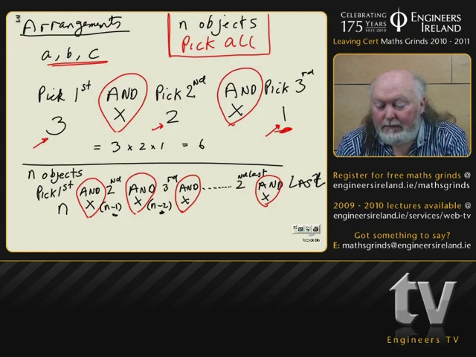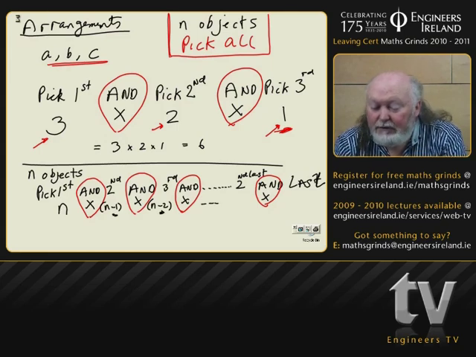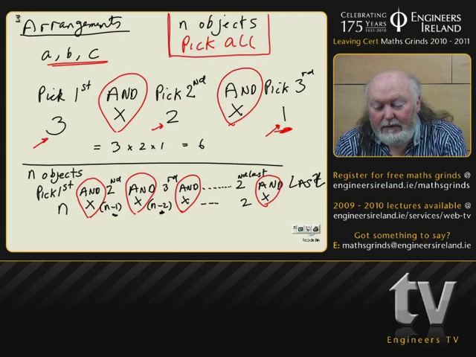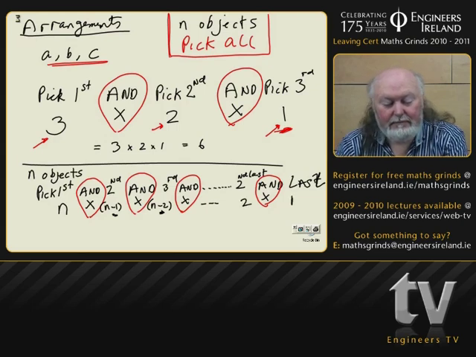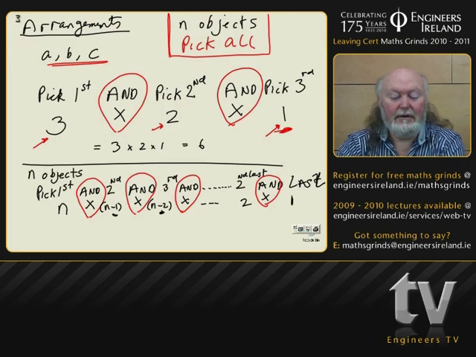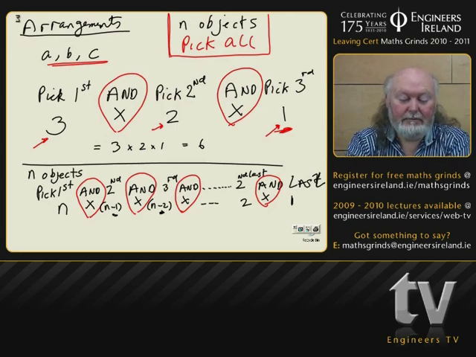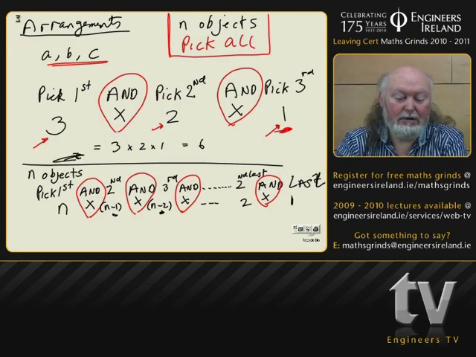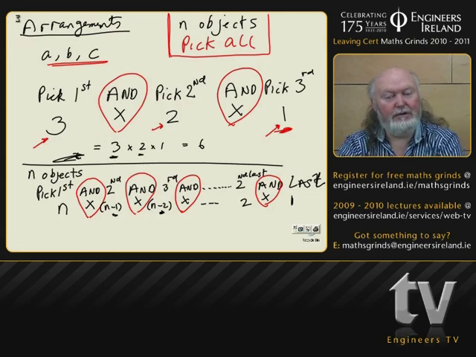And we go all the way down. The second last one, there's only 2 of them. There's only one last one. So the little game we played up here shows that from the total number we had, we keep dropping 1 until we reach down to the last item.